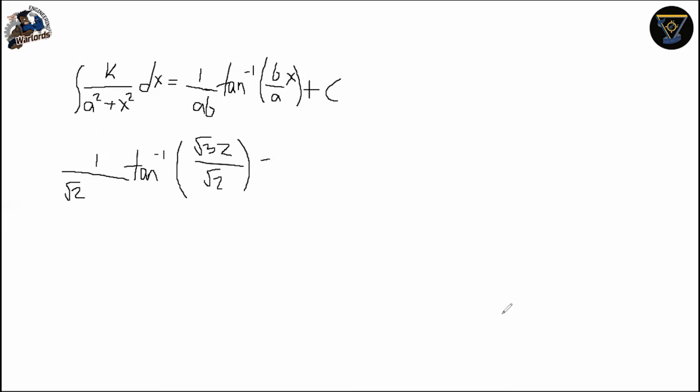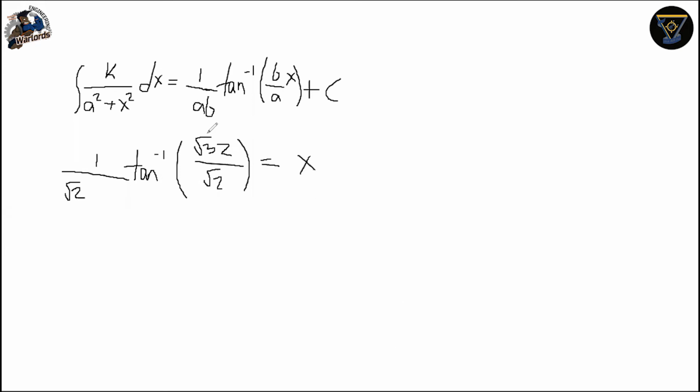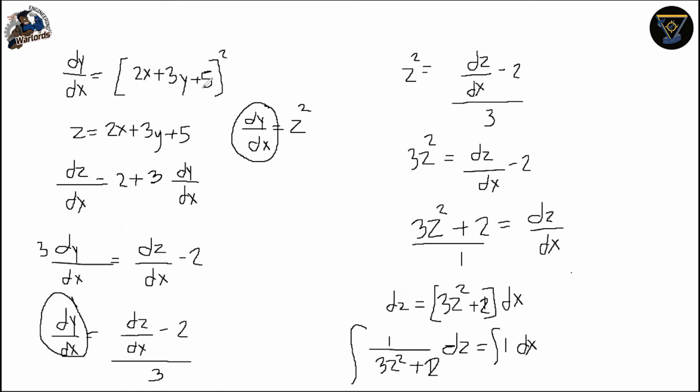And this is equal to, when we integrate 1, we just get x. But remember that we say z is what? z is 2x plus 3y plus 5.